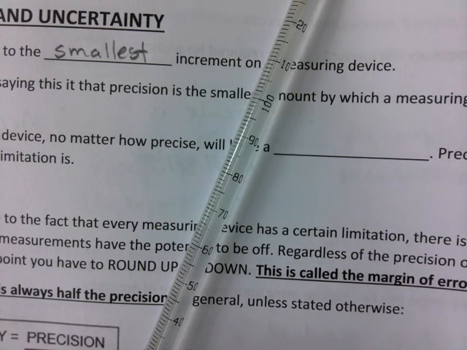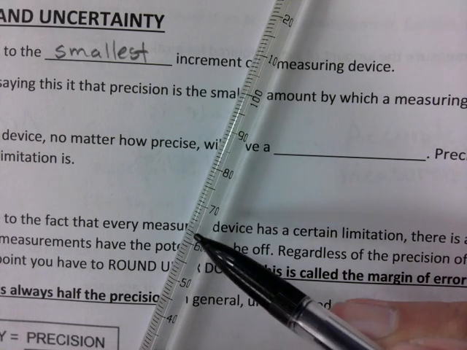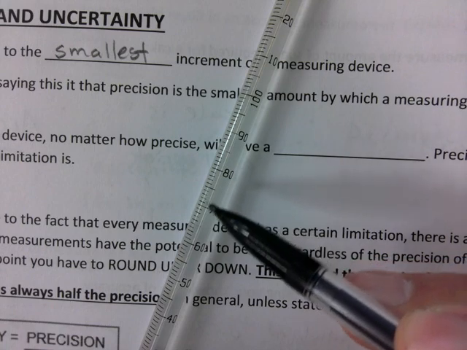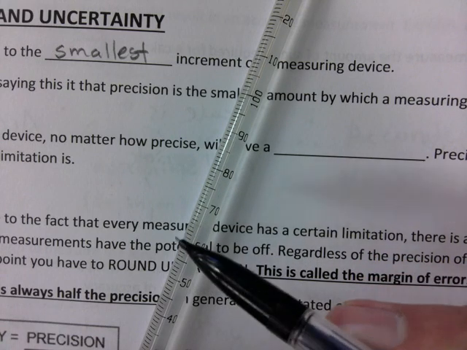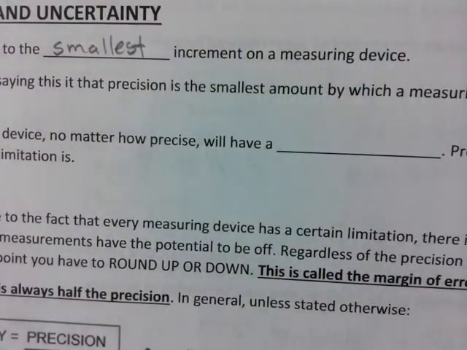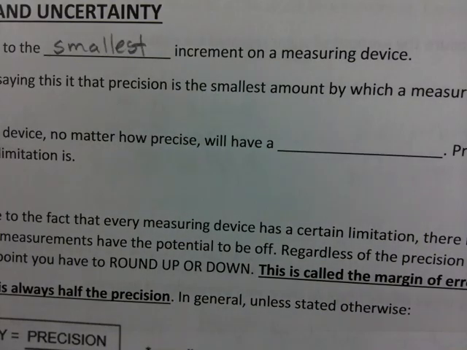If it had been a ruler, 1 millimeter would have been correct. In this case, Celsius. So this one goes up by 1 degree Celsius every single time. So we would say the precision of this thing is 1 degree Celsius, right? So keep that in mind.